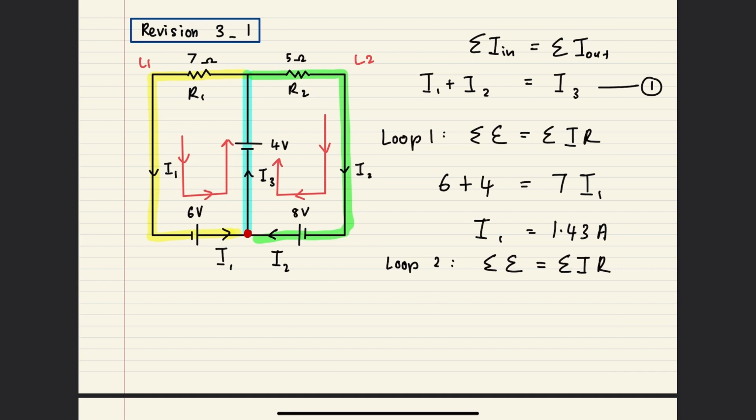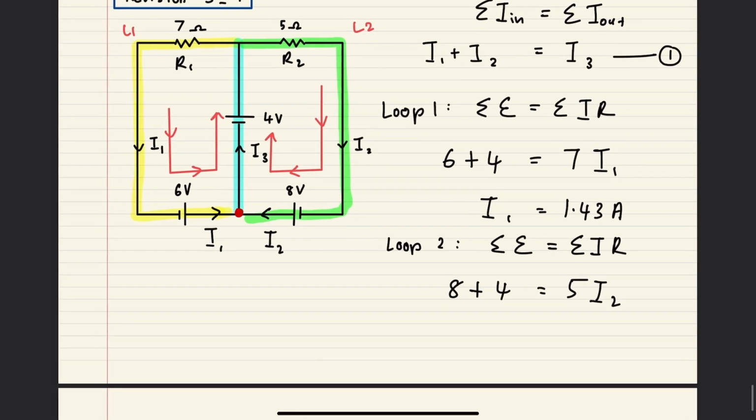So I'm going to write 8 plus 4 equals, on the right hand side you only have one resistor corresponding to 5 ohms, so 5, and the current that passes through R2 is I2, because that one is green color, right? Okay, now you can solve for I2. It will be 12 divided by 5, which is 2.4 ampere.